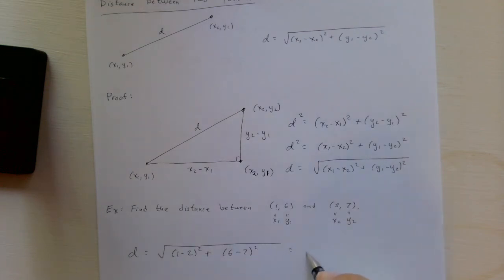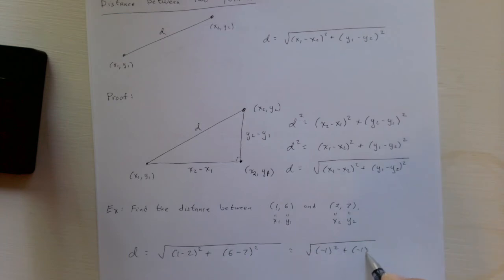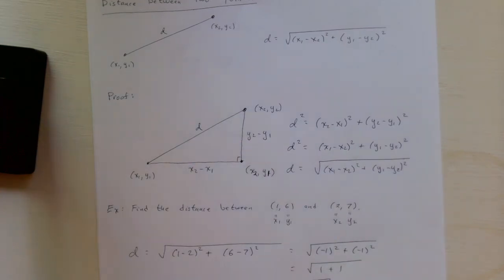Okay, and this will be the square root of (-1) squared plus (-1) squared, which is the same thing as 1 plus 1, which is 2. So the distance is going to be the square root of 2.